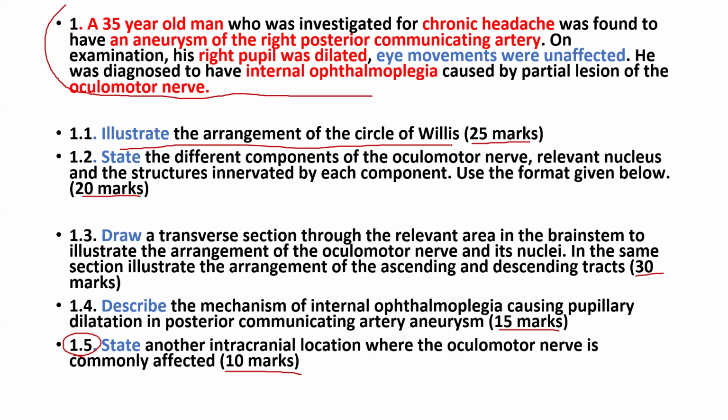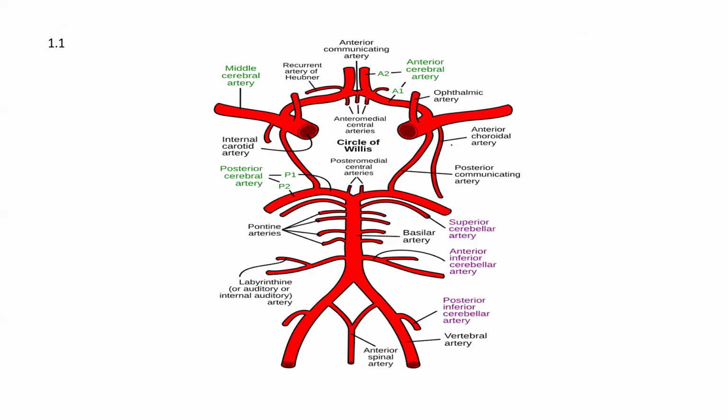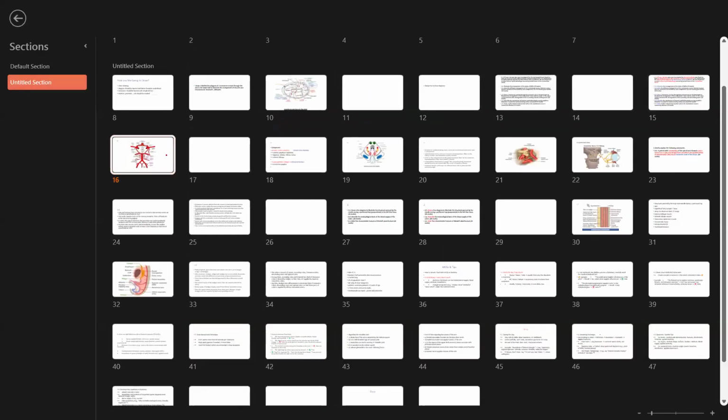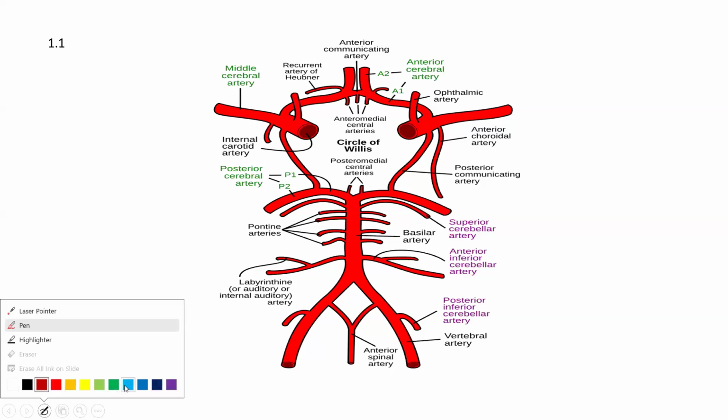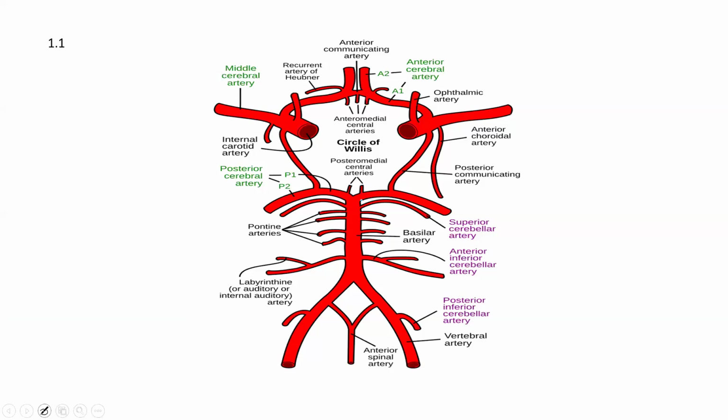I assume that you all know about this circle. So this is it. What we have here for the circle of Willis: the posterior cerebral artery.